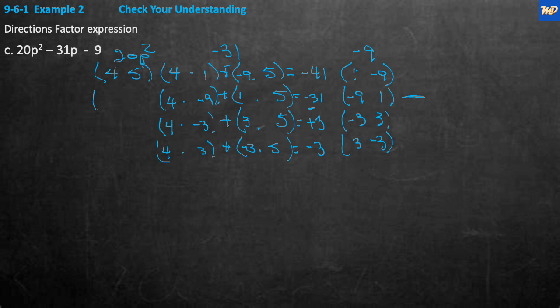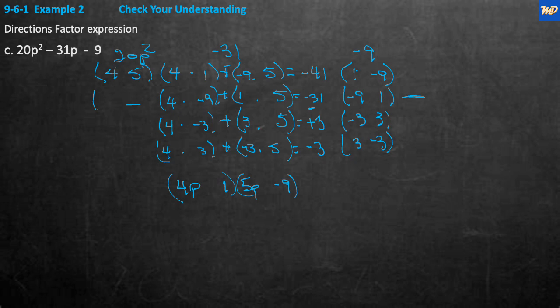And I can draw our parens right here. Okay. And we're going to use this term right up here. So I have the 4 and the negative 9, and you know how it goes. The 4 here, the negative 9 on the far right, and the 1 right here, and the 5 right here. And I put the value in for P. It's P, 4P and 5P.